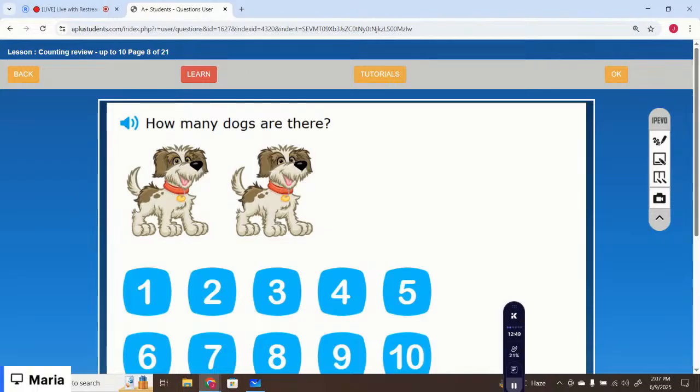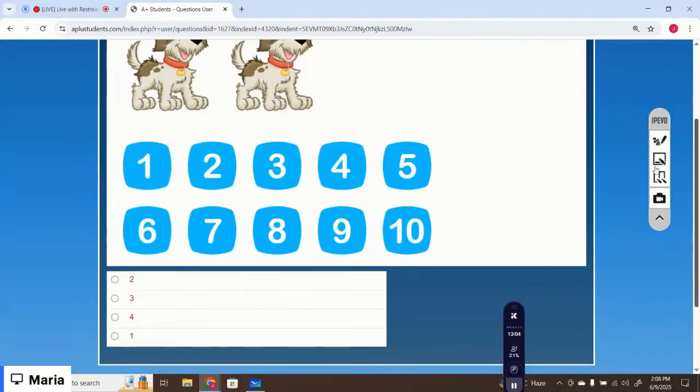How many dogs are here? Which is the correct option? Two. There are two dogs. Option number one is the correct option.